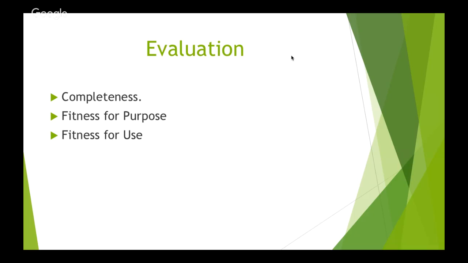So I wanted to put together a few metrics that have been adapted from existing fields like software engineering, usability testing, and so on. So let's start with this. These three metrics, completeness, fitness for purpose, and fitness for use, are very commonly used for data and outside. And so these are pretty clear. Completeness is just based on how many minerals exist, how many of those samples do we have, and how many columns of those are covered.